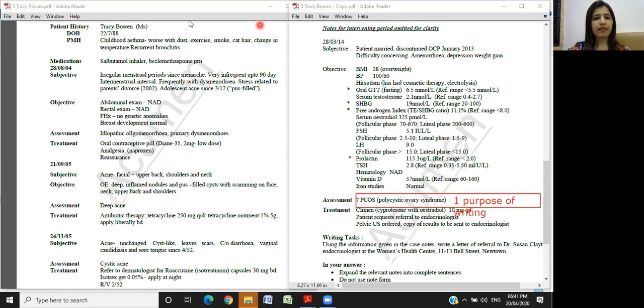Okay. Then in the second paragraph, now here we are going to go priority wise. So what is our priority is today's visit. So you are going to write about today's visit in the second paragraph: subjective and objective findings.